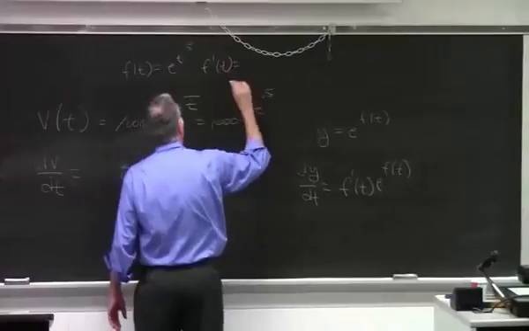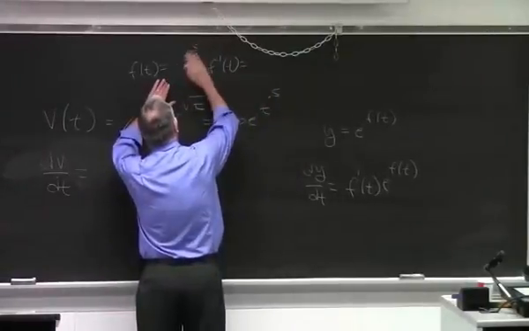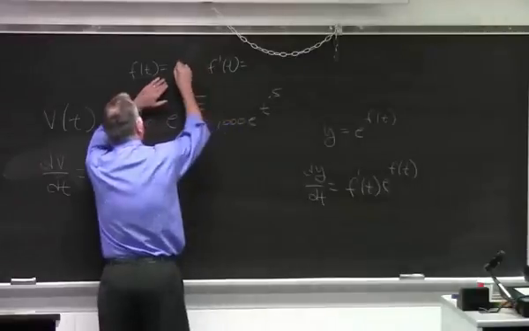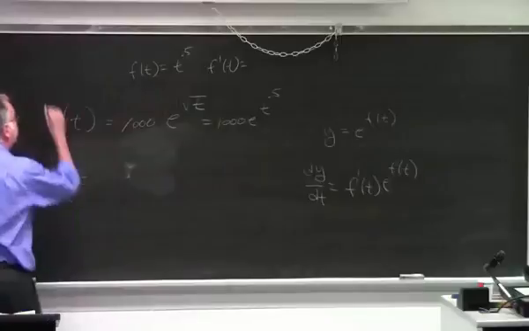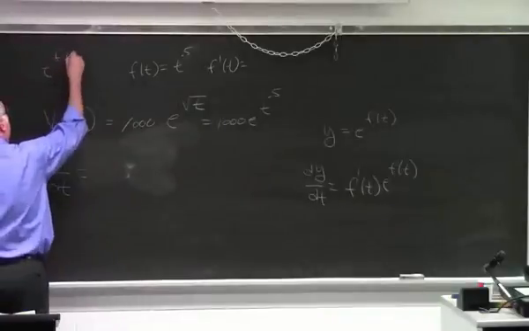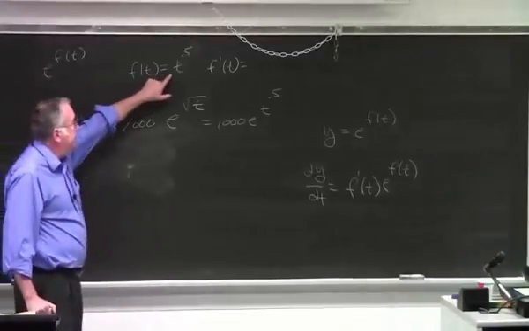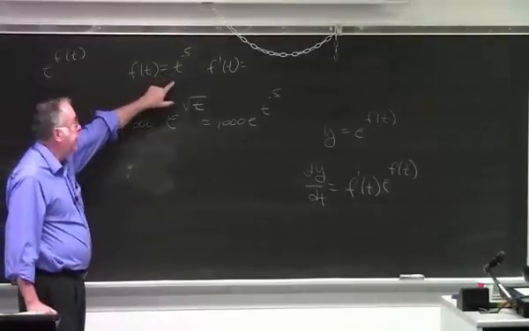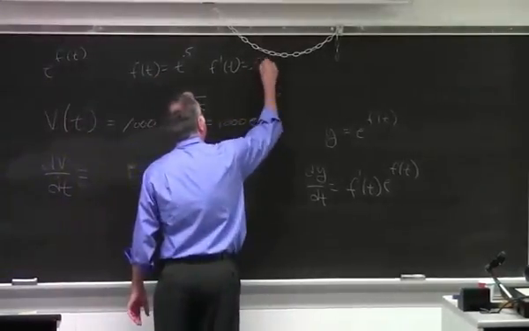Let me back up. Suppose we have e to the f of t. Then if you let f of t be t to the 0.5, then f prime of t is just 0.5 t to the minus 0.5.